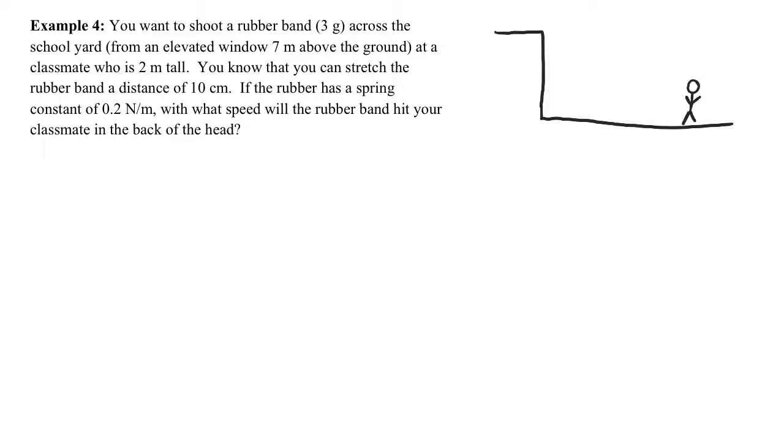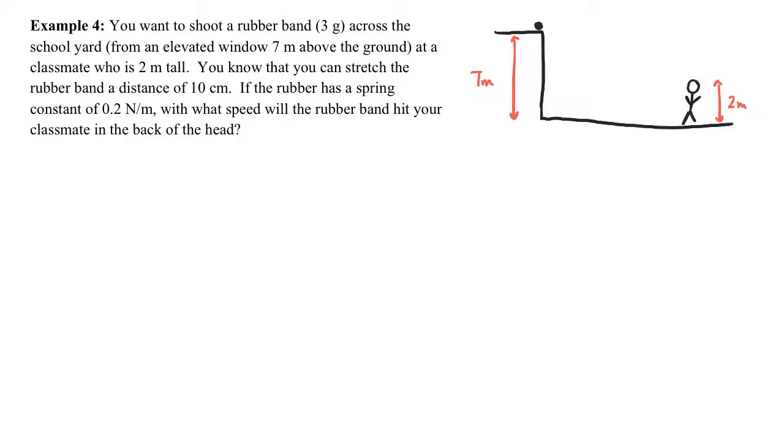Height. Your classmate has a given height. That's important. Here are you, right up here. You've got no height. So you were at the top of this window, which is 7 meters above the ground. Your classmate's head is 2 meters above the ground.